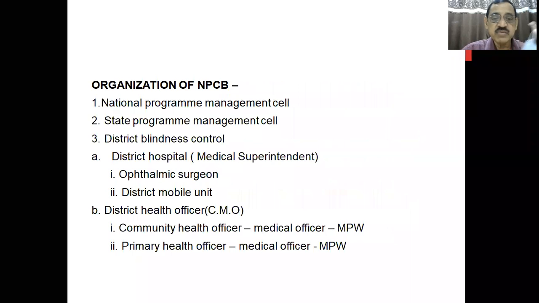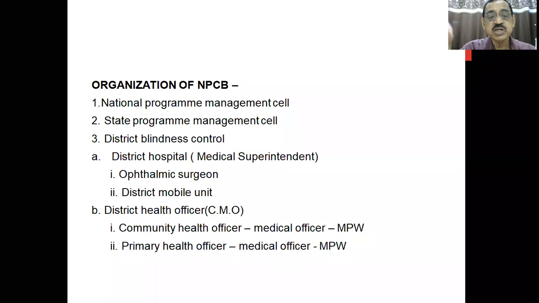So the organization of NPCB, what is the structure of NPCB? We have the National Program for Control of Blindness. The first and foremost is the National Program Management Cell, which is in the Ministry of Health and Family Welfare in Delhi, and the State Program Management Cell, which is again in the Director of Medical Education Office, and the District Blindness Control Society, which is actually in the district hospital.